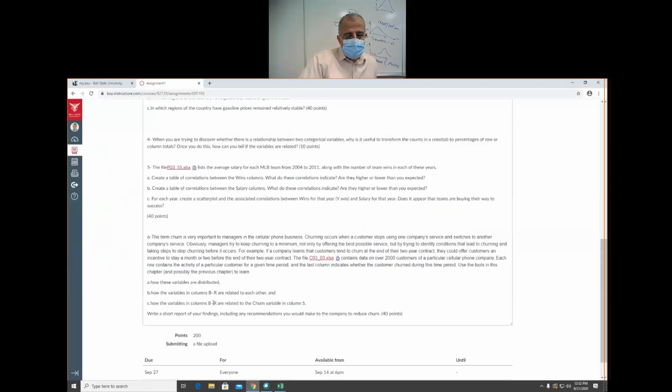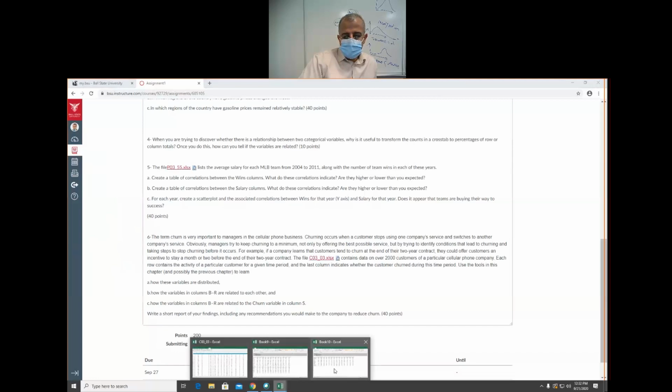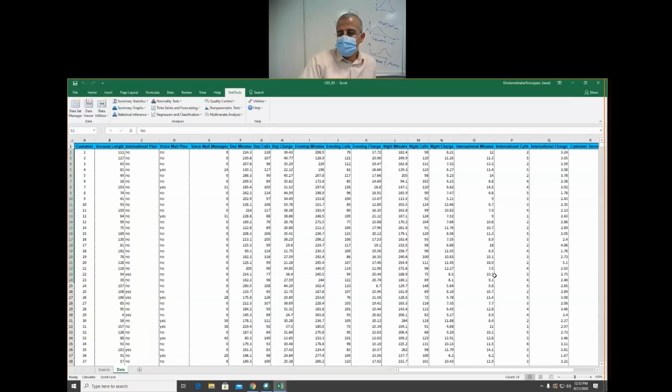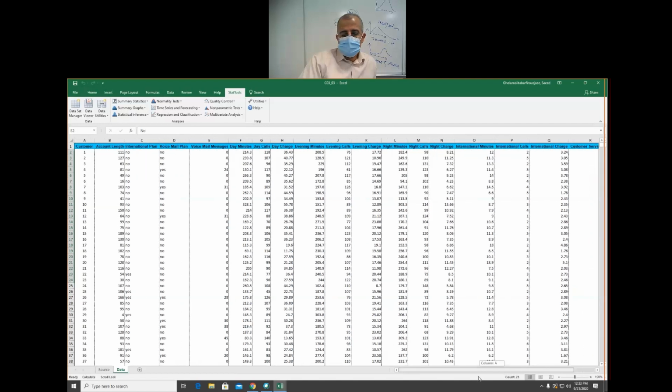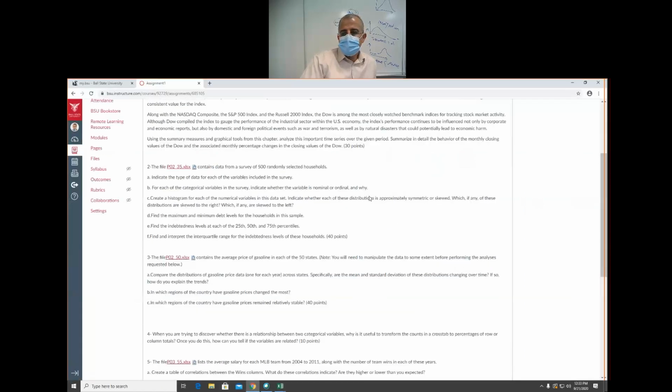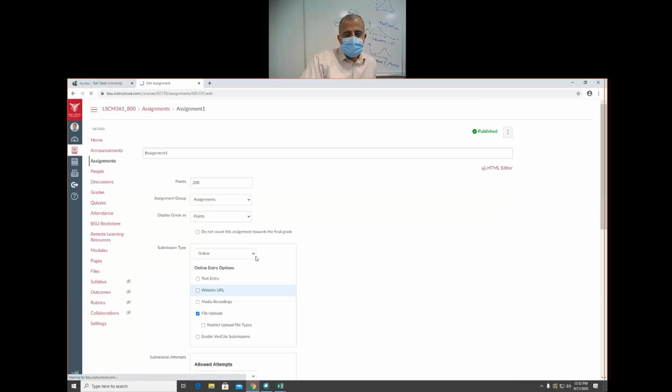How the variables in column B are related to churn variable in column S? We haven't covered this discussion. It's about kind of classification. So let me remove this part of the question.